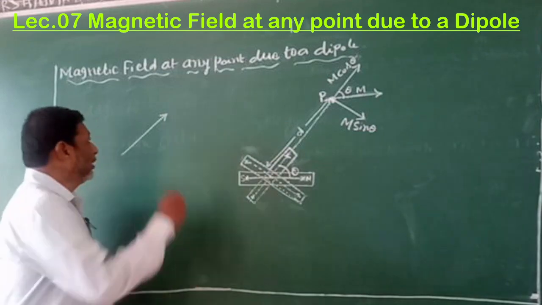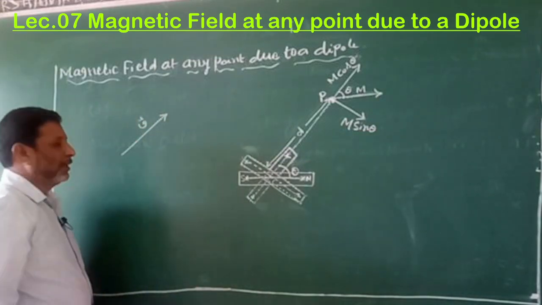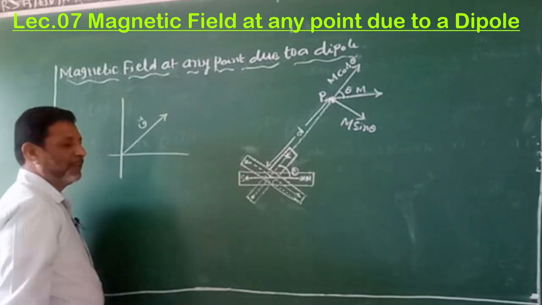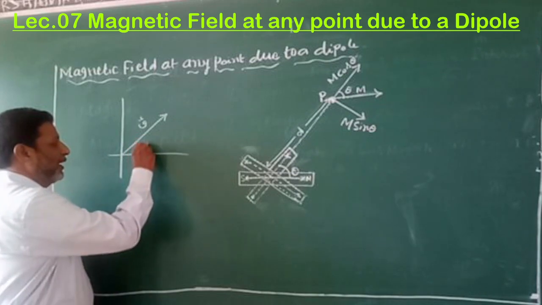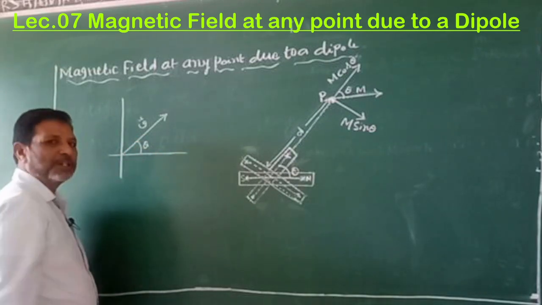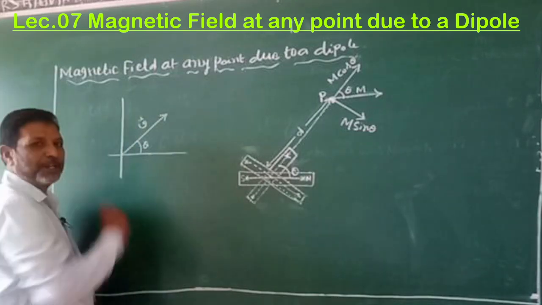Now, let us consider velocity, which is a vector. This vector is resolved into two components. Suppose this vector makes an angle theta with this axis, then this is its x component, that is the horizontal component, and this is the vertical component.